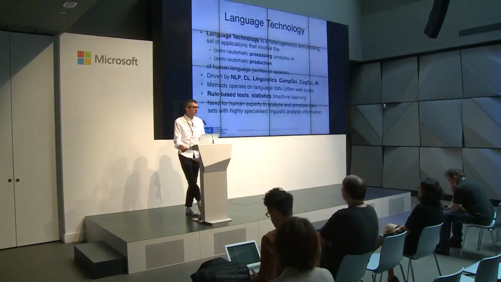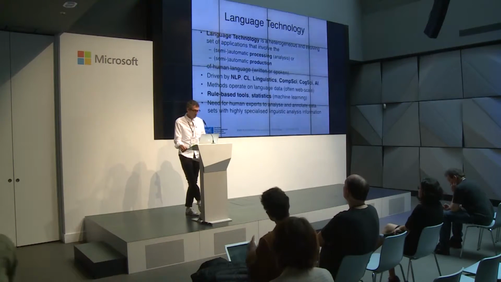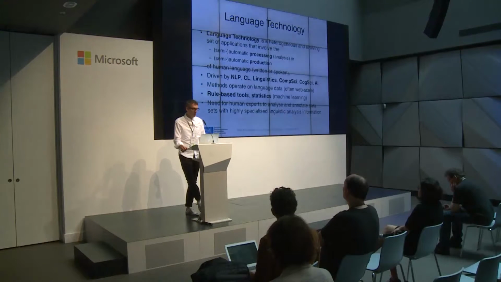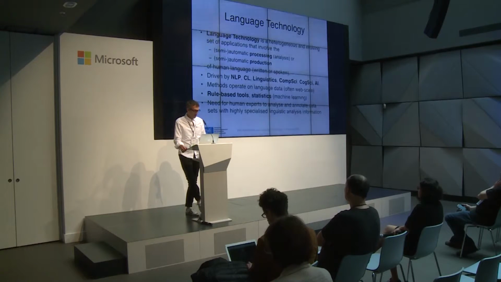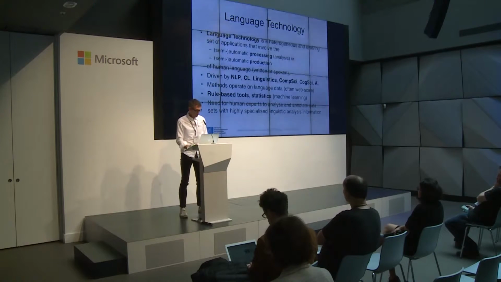And our methods usually work on big amounts of language data. We call them corpora, by now often on a web scale level. Our methods are typically statistics-based, machine learning, deep learning, or still often rule-based, coming back to the AI of the 80s and 90s with methods that use grammars, for example.